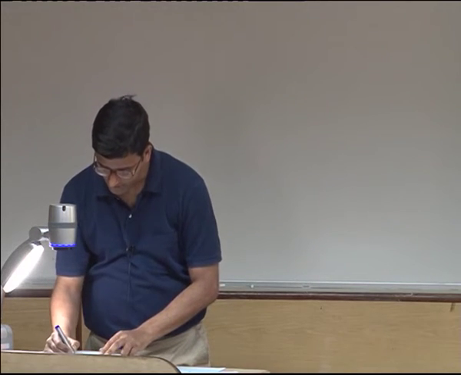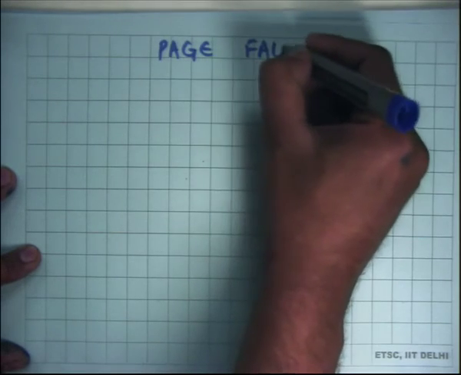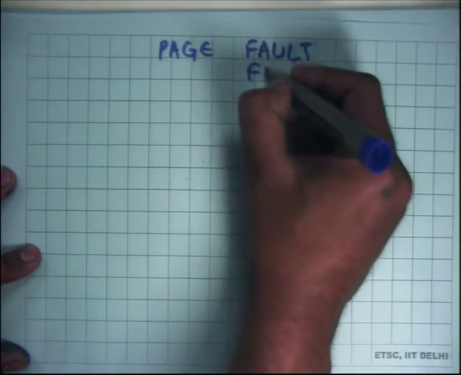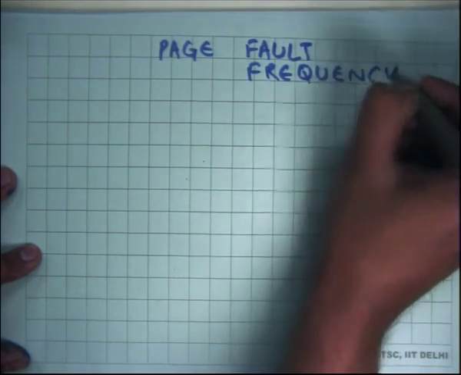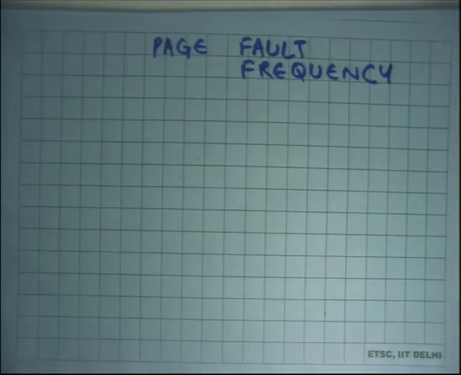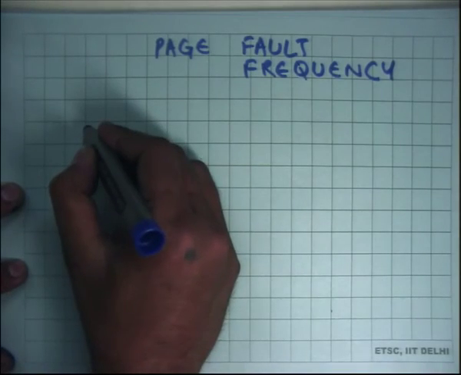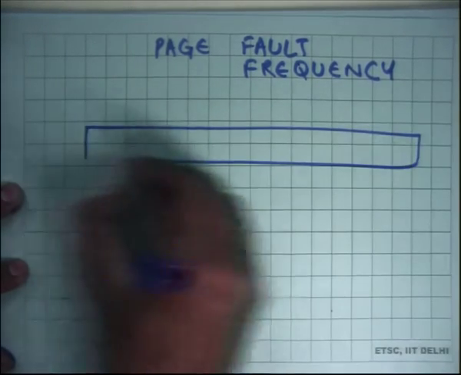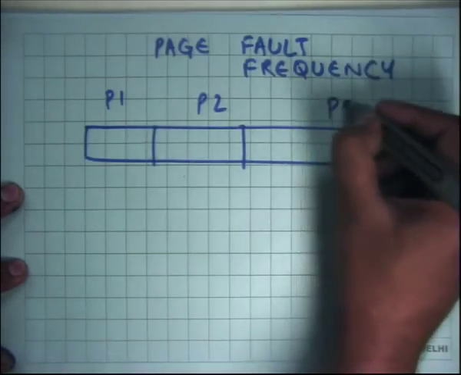Another way of preventing thrashing is using the page fault frequency. One way of preventing thrashing was the working set approach. Another way is to look at the page fault frequency of every process. Let's say this is your physical memory, and you have per-process allocations of physical memory.